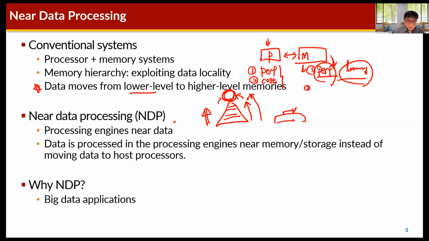So why do I mention modern systems? Because modern applications require a large amount of data. That's why modern applications are frequently called big data applications, and the current era is the big data era. The processing engine is located near low-level memories, and instead of moving the data to the main processing engine, the data is processed by these near data processing engines.